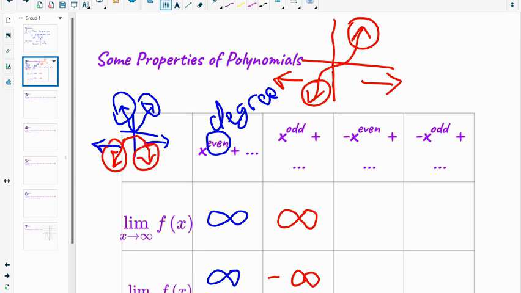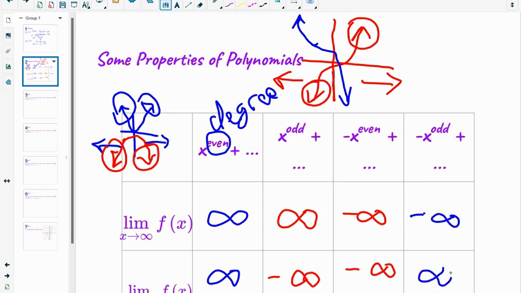So my limits would be negative infinity and negative infinity. And if we flipped the odd degree polynomial about the x-axis, we would now get the opposite reaction, which means we would have negative infinity and positive infinity.